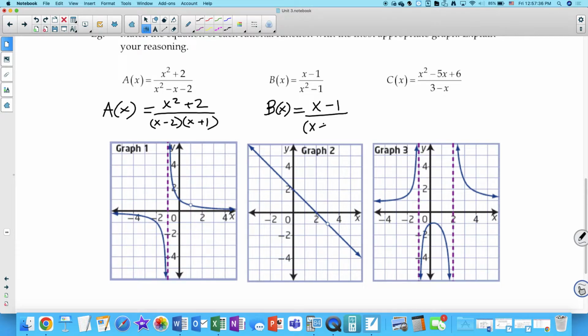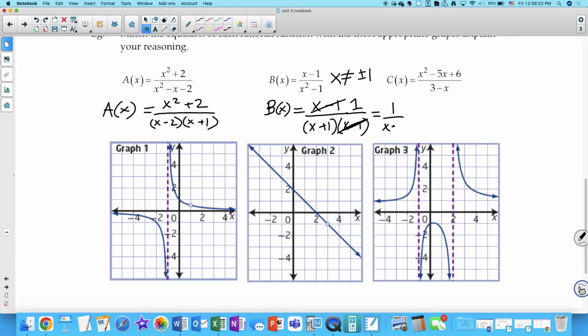So actually, if I state non-permissible values, I can simplify here. The non-permissible values are plus or minus 1. But now I can simplify. If I cancel this in the numerator, I'm just left with 1. So this one's going to look like 1 over x plus 1.